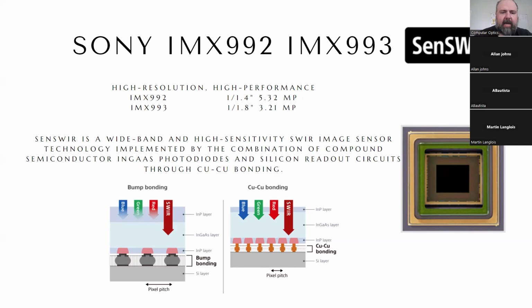The top indium phosphide layer inevitably absorbs some visible light, but applying Sony's SenSWIR technology makes this layer thinner so that more light reaches the underlying InGaAs layer. So the sensors have high quantum efficiency, even in visible wavelengths. This enables broad imaging of wavelengths from 0.4 micron to 1.7 micron. So now a single camera equipped with this sensor can cover both the visible and SWIR spectrum, which previously you needed separate cameras to do.